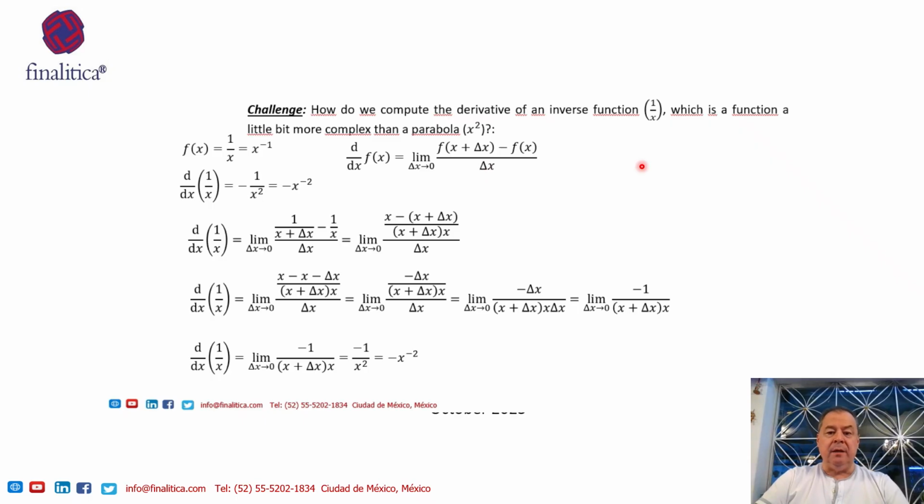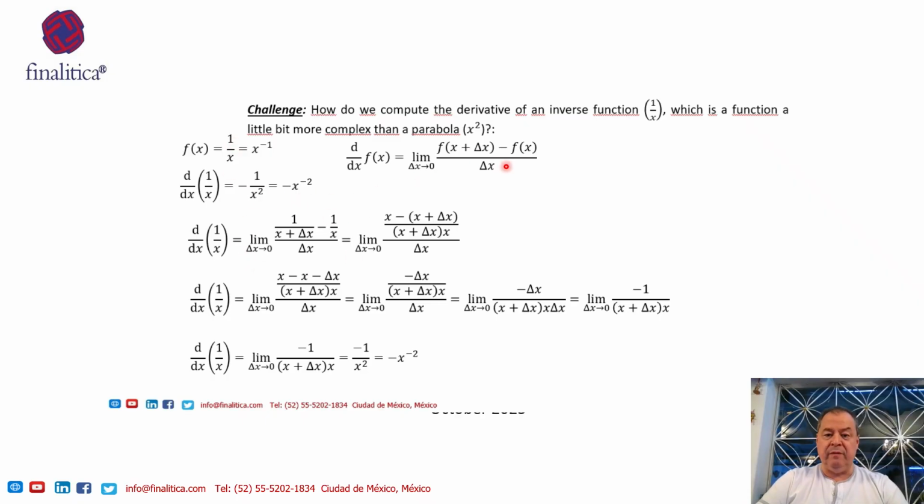So in this example, we're going to compute a more challenging function, which is the inverse, that is 1 divided by x. So we have to get to this result. We apply the definition of that derivative to the function 1 divided by x, and that's what we have here.